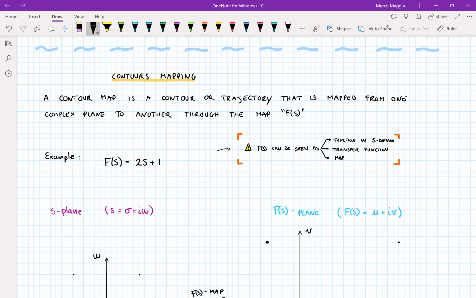It is true that it is a function in the S domain. It is also a transfer function if you want to perceive it from that perspective, but it is also a map. So let's exploit f of s as a map.